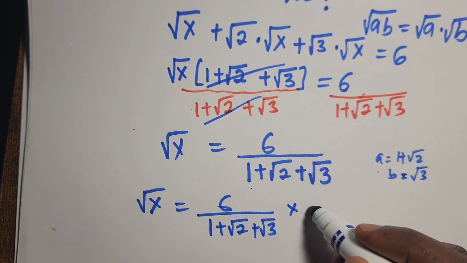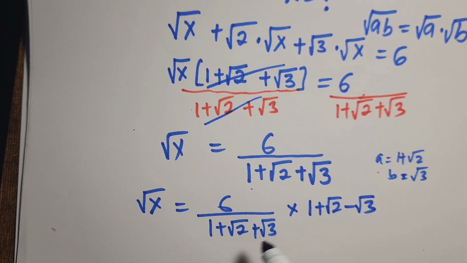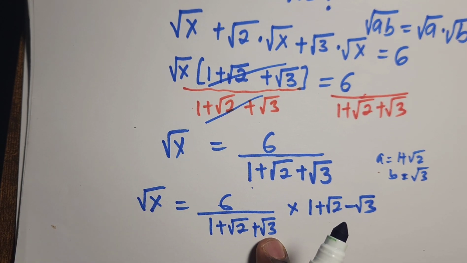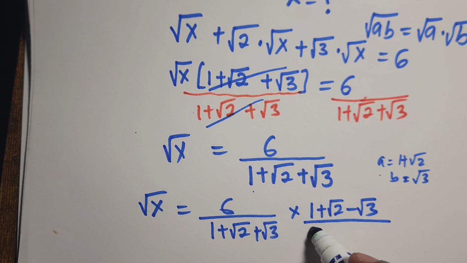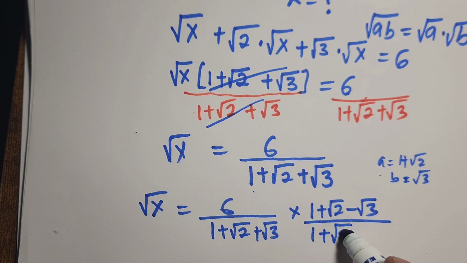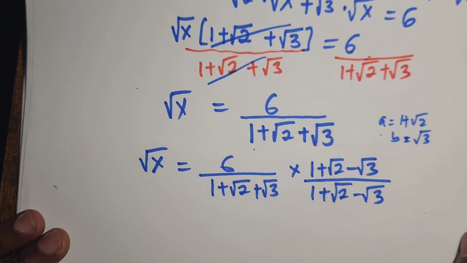You will multiply this by 1 plus the square root of 2 minus the square root of 3. So I'm just going to change this. This is going to be my first part, and this is going to be my second part, and the rule is that you change this sign. So here also I have 1 plus the square root of 2 minus the square root of 3. This is what I've got.